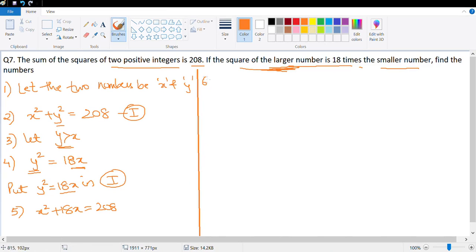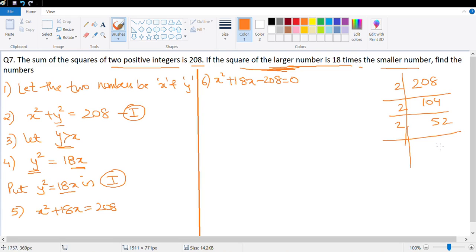So this brings us x squared plus 18x minus 208 is equal to 0. Now I need to find factors of 208, the sum of which should be 18. Let's get to it. 208, 2 times 104, 2 times 52, 2 times 26.